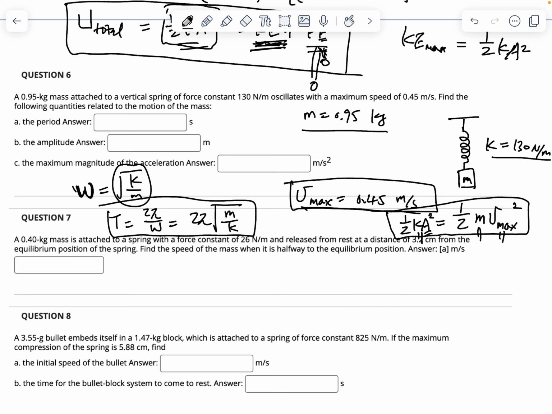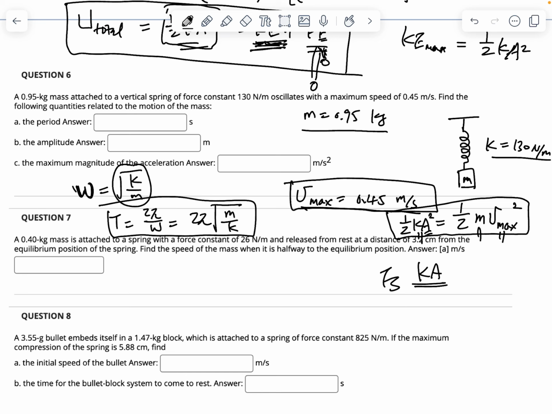The magnitude of the acceleration. Maximum acceleration happens at the extreme location, where it's basically the spring force. Same thing here, it's K A. So that's your maximum.